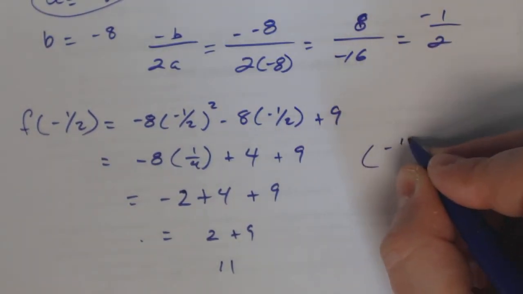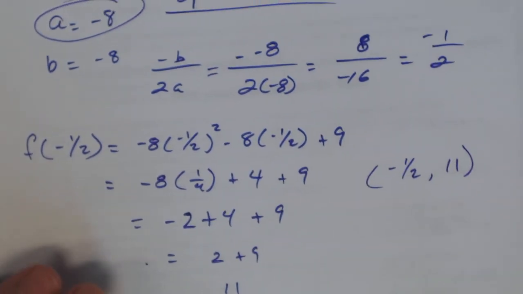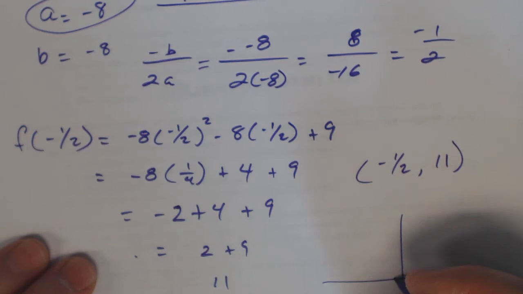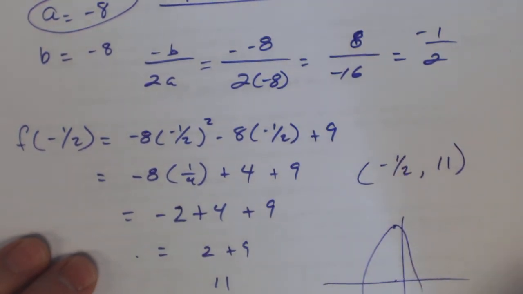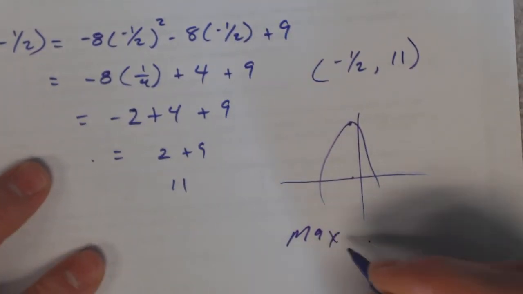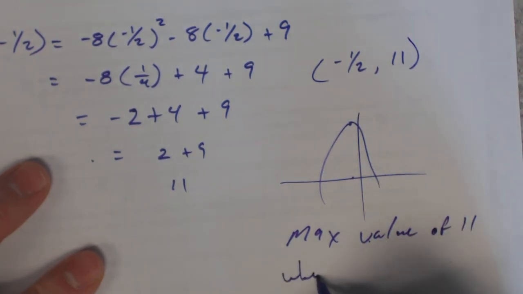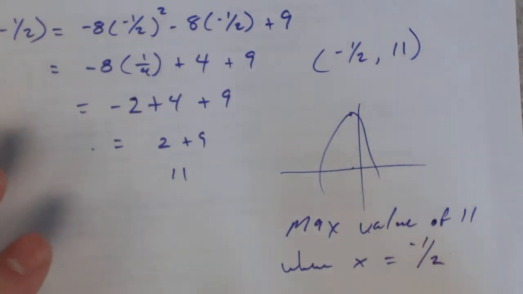So my vertex is at negative 1/2, comma 11. Cool. Is it a minimum or maximum? If I graph this real quick, you go back a half, up 11, it opens downward. So this is going to be a max value of 11 when x equals negative 1/2.